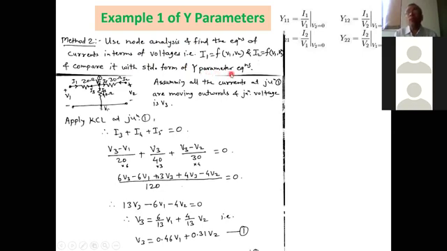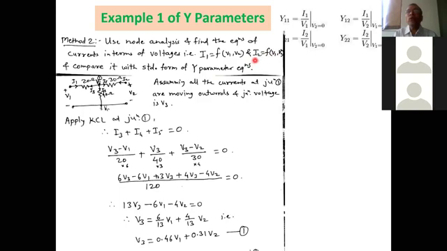The standard form of Y parameter equations: I1 is equal to Y11 V1 plus Y12 V2. So the coefficient of V1 is Y11 and the coefficient of V2 is Y12 from the I1 equation. And from the I2 equation, the coefficient of V1 is Y21 and the coefficient of V2 is Y22.